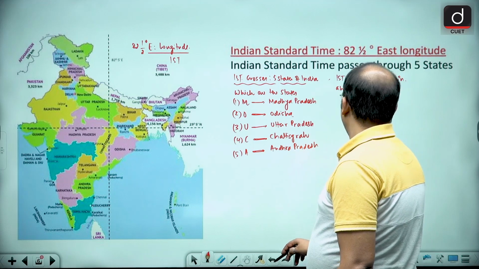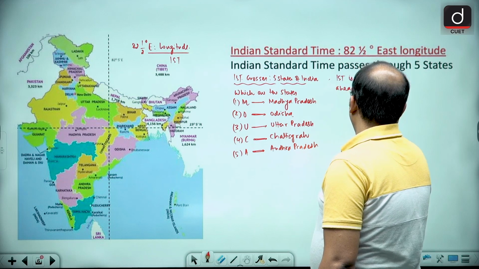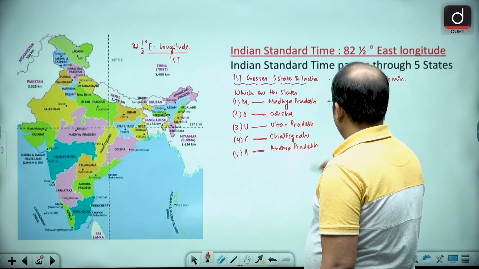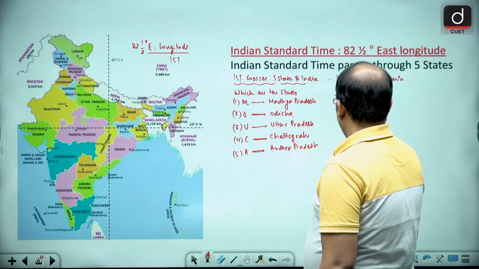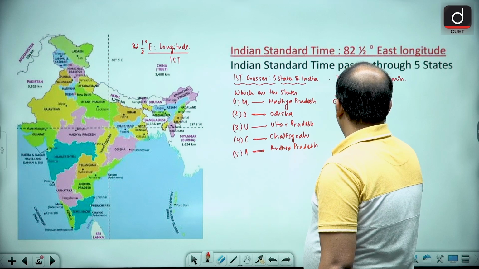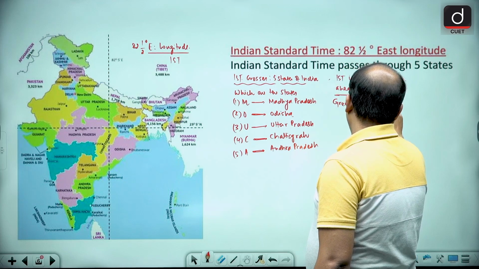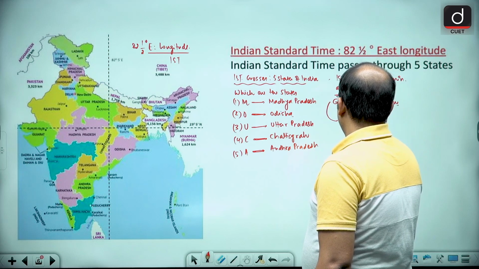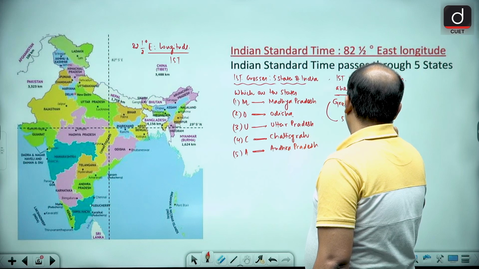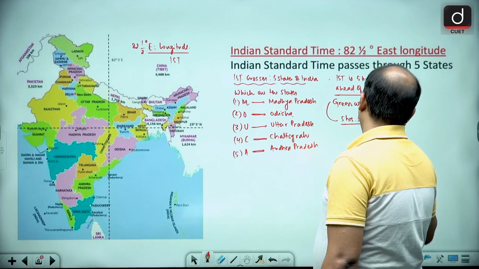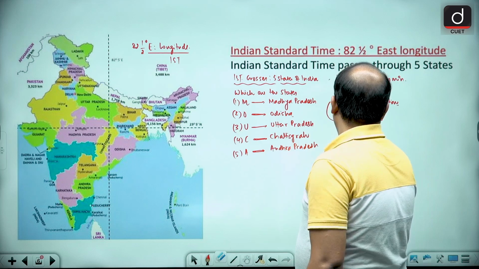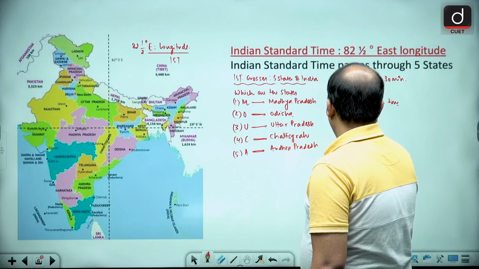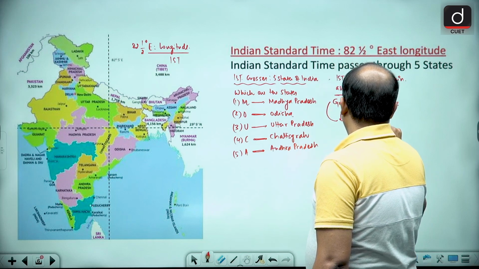GMT is Greenwich Mean Time, this is the prime meridian. This is 5 hours 30 minutes ahead of GMT, and Greenwich Mean Time is in London and is called the prime meridian.